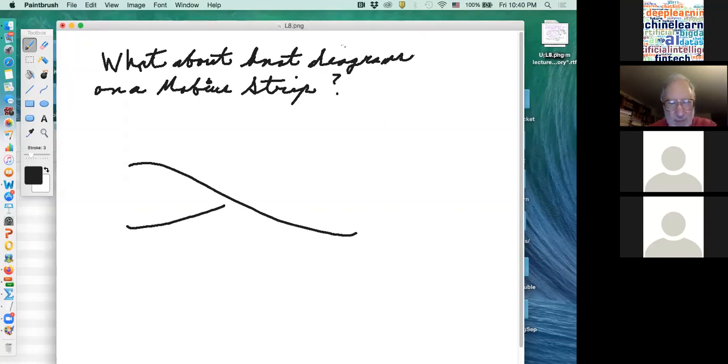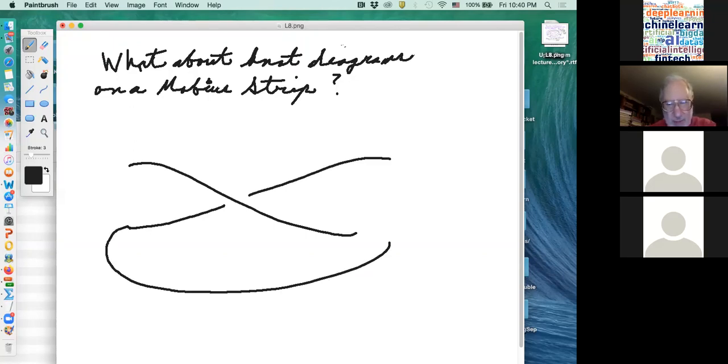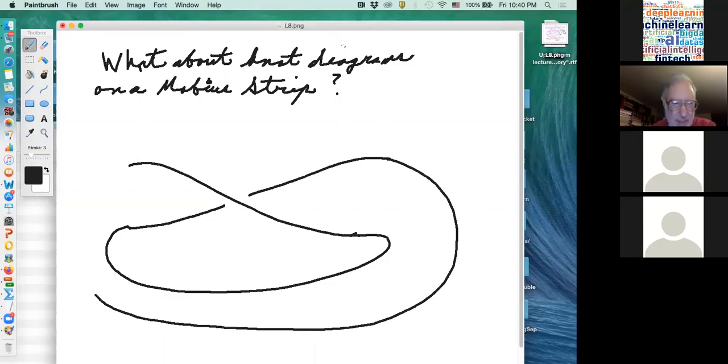A Mobius strip is a piece of paper which has been attached to itself so that it's a band like this, but it has a half twist in it like this. So it's like that, and it twists over so that it has only one side.